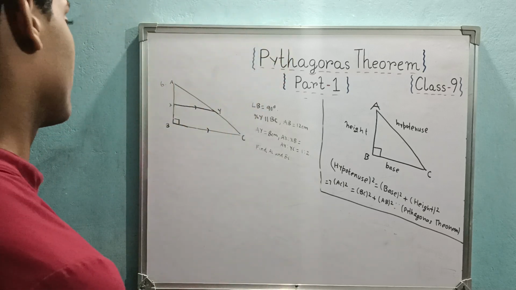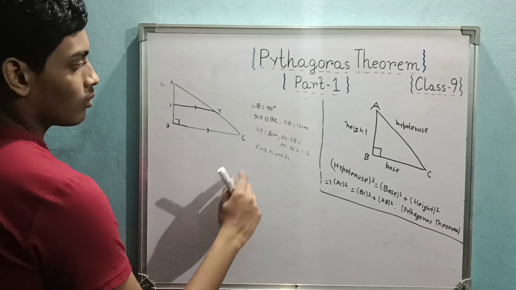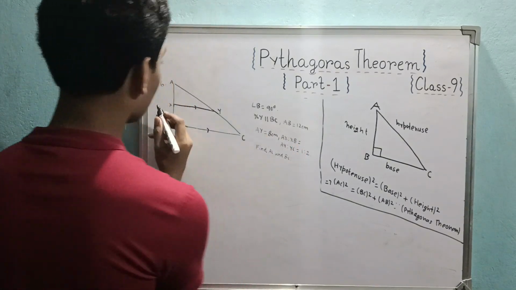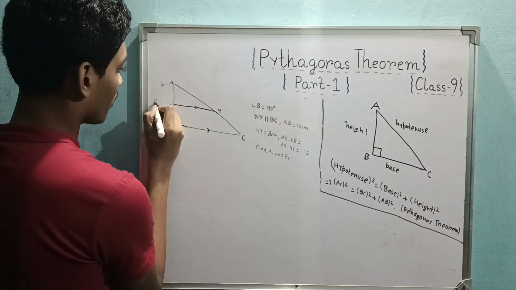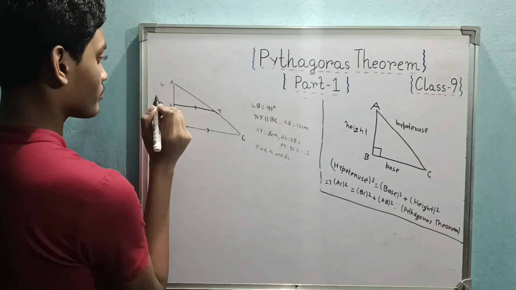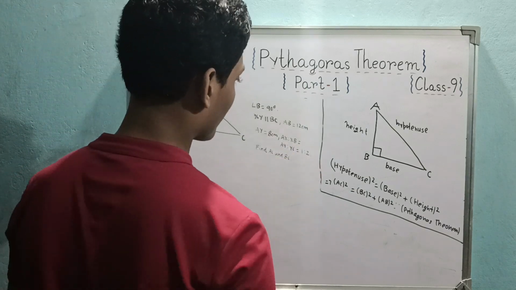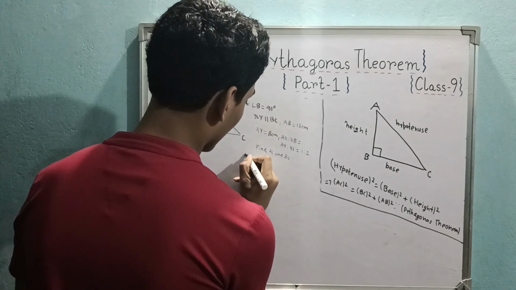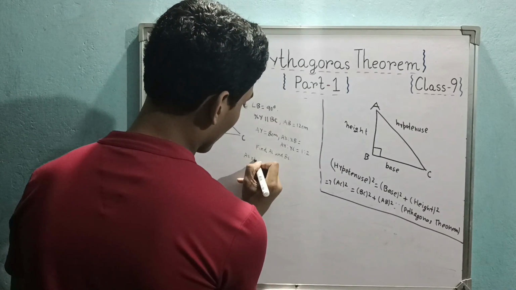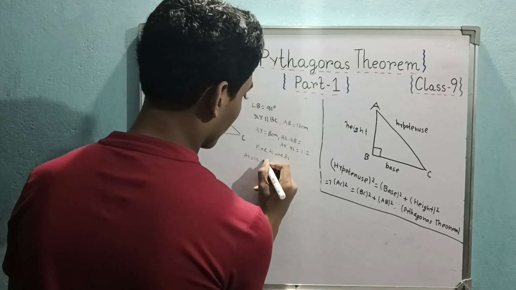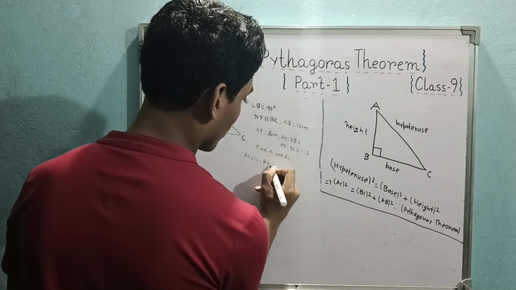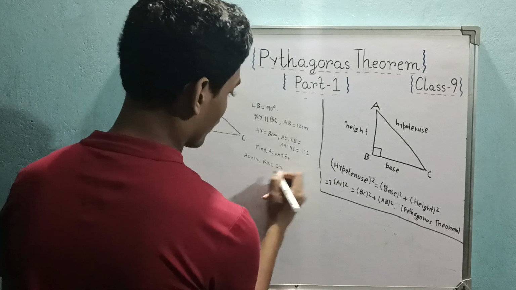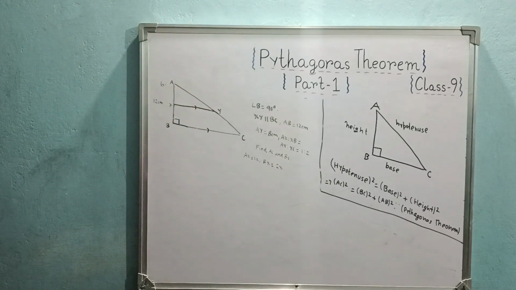Let us just first draw it. So here what is given? AB equal to 12 centimeter. And suppose AX is to XB equal to 1 is to 2. Then let AX equal to 1x and BX equal to 2x. 1x is to 2x, it is 1 is to 2.